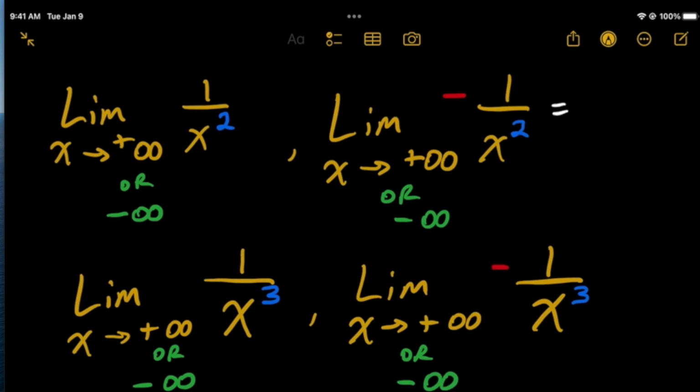All of these limits are 0. All of them have horizontal asymptotes, so it doesn't matter which direction you go, whether you're flipped over the x-axis, you are going to approach 0 at the extremes of end behavior.